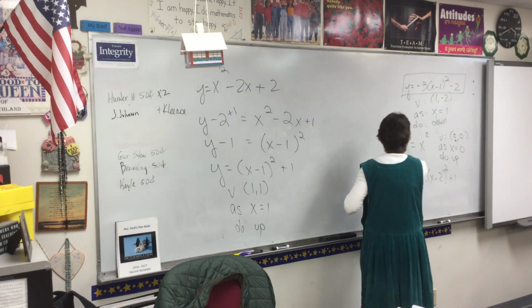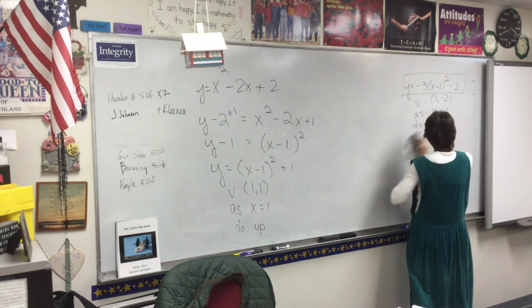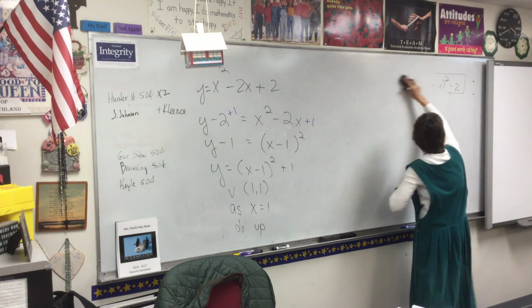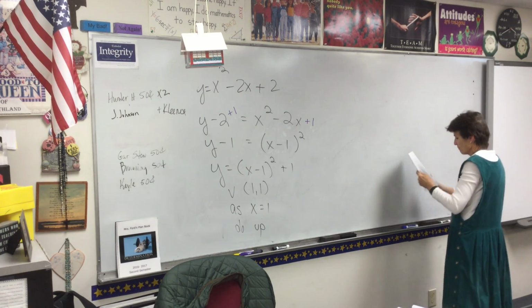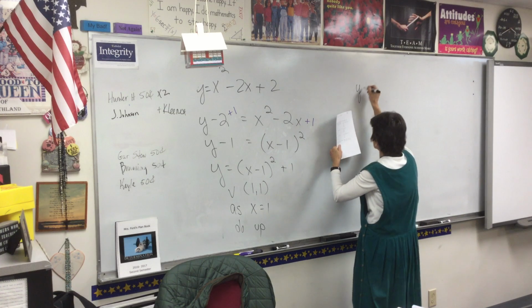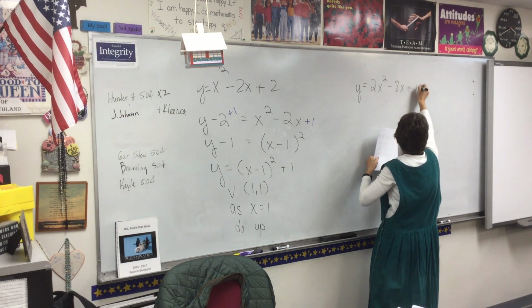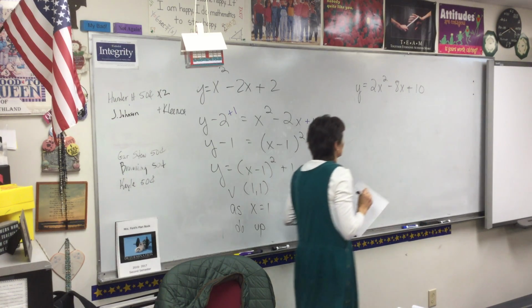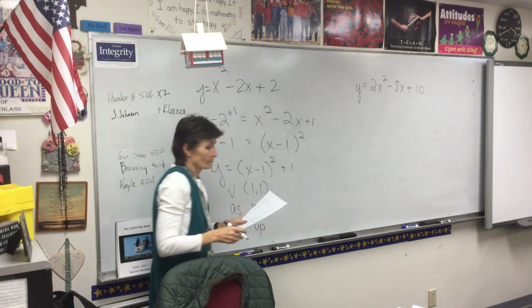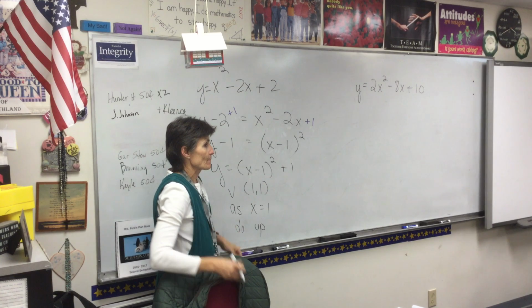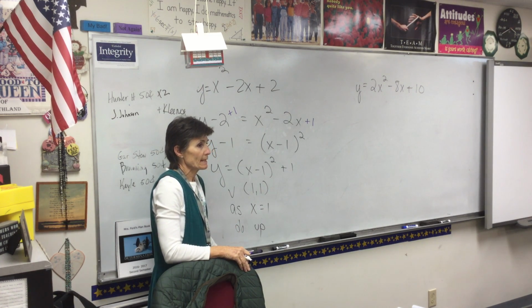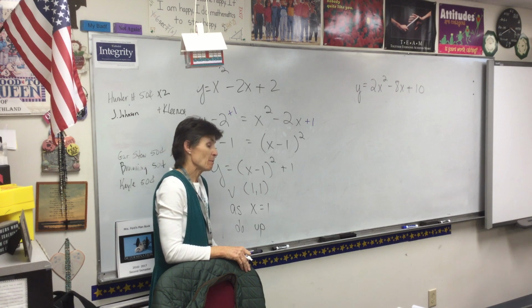All right, let's try another one. Let's work through the process again. We're putting our equation into vertex form. All right, this one's a little tricky. Any idea what step 1 might be?